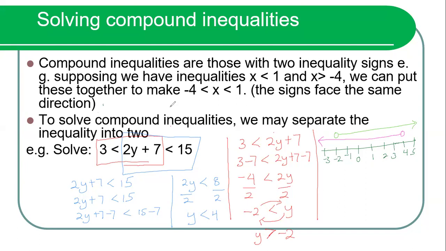You can notice that they intersect in between these two regions. Therefore, my answer is going to be -2, since the lowest is -2, less than y, less than 4. I'll stop at that point.